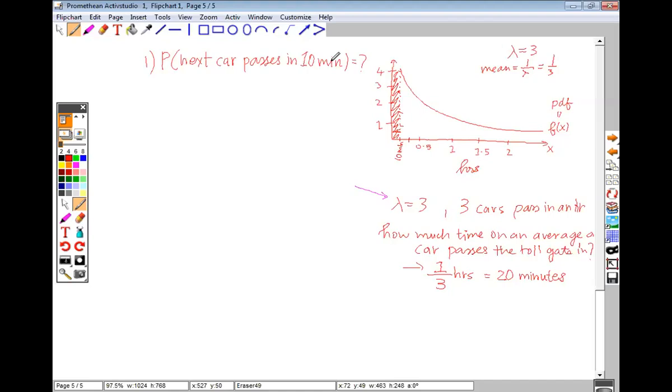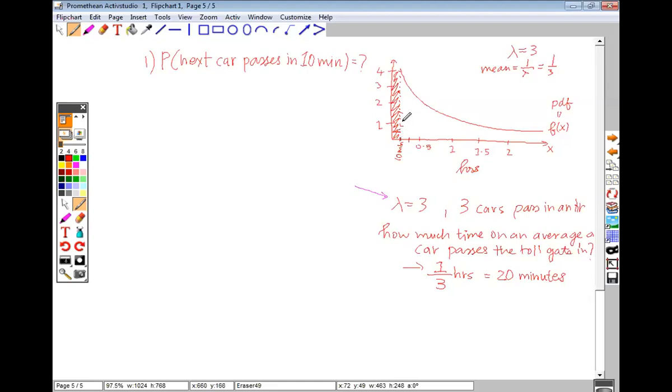Does this make sense, or does anyone have any doubt with the area that I have just shaded? What I am saying is that at 1 minute, 2 minutes, 3 minutes, 4 minutes, no car has to pass. The event only occurs within 10 minutes.